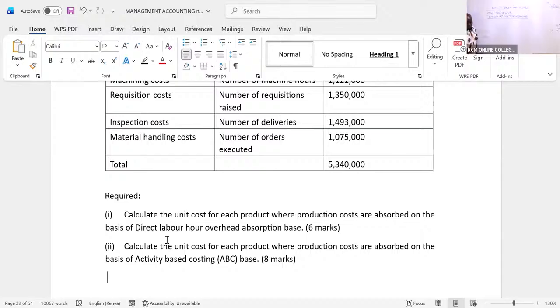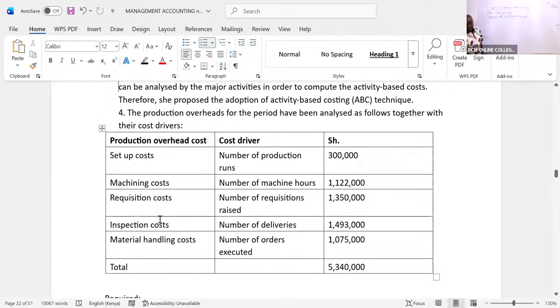And the examiner has done a great favor to us. He has given us these ones here. So I can see them there. So we have the cost drivers. I'm just copying the way they are.